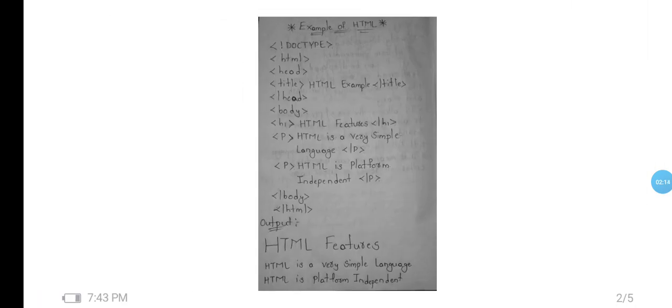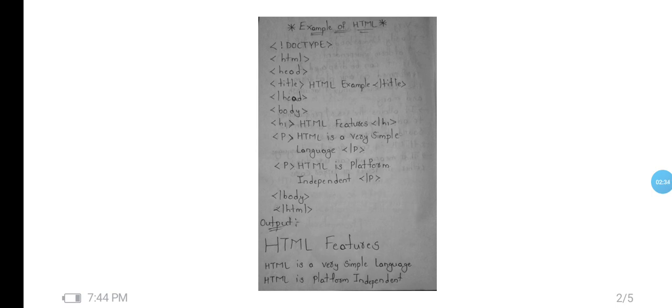It defines the document type as we have discussed and instructs the browser about the version of HTML. HTML coding should always start with the word doctype, which instructs the browser about the version of HTML.